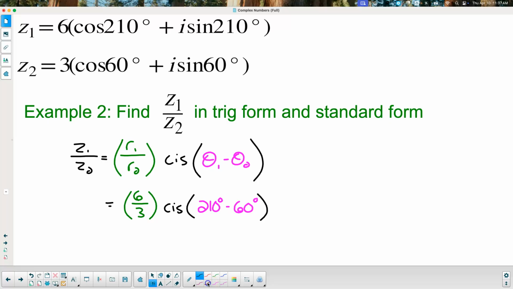Six divided by 3 is 2. 210 minus 60 is 150. There would be my trig form.